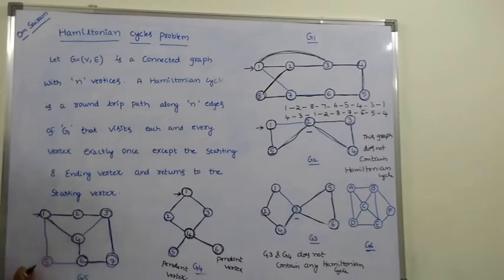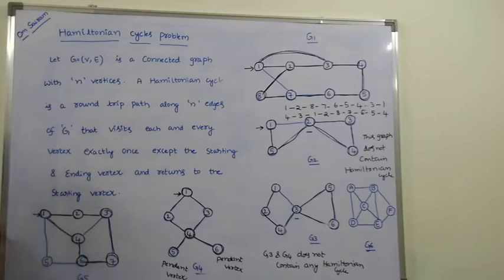But vertex 5 is not visited, according to the definition of Hamiltonian cycle. We are visiting every vertex exactly once, but vertex 5 is left. So we can say that this graph does not contain any Hamiltonian cycle.